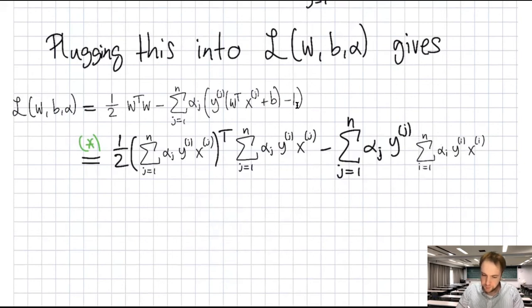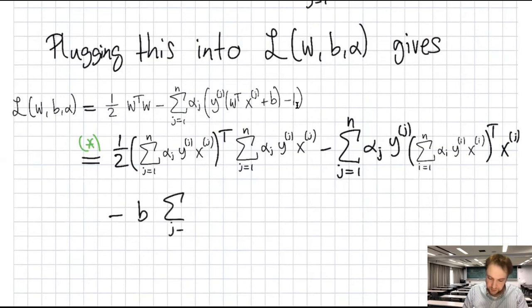So this we plug there in, also with the transpose times x j plus this b, and there's a minus, so this is a minus b times the sum j goes from 1 to n alpha j.